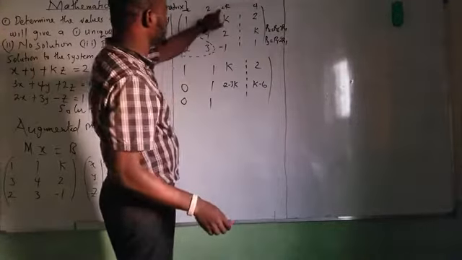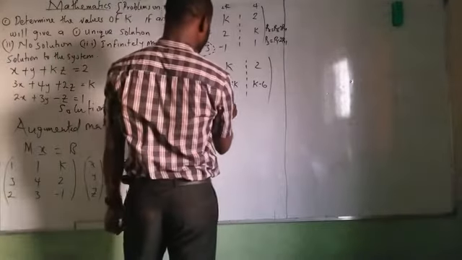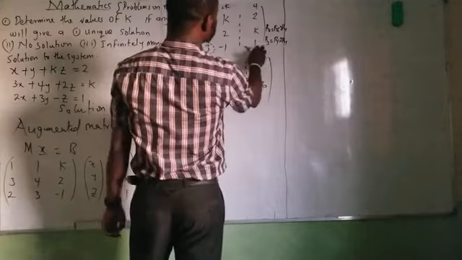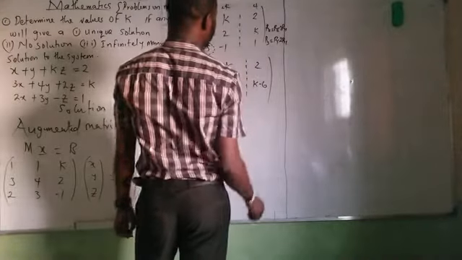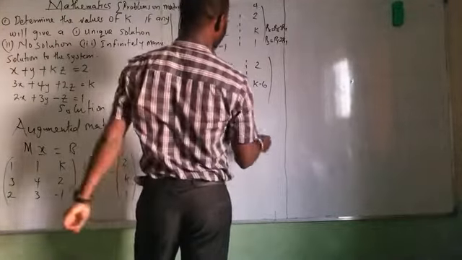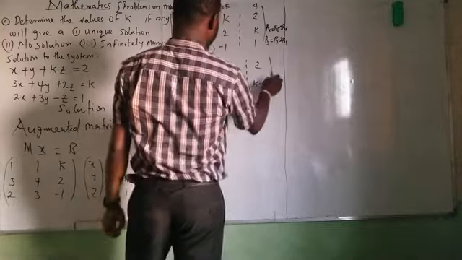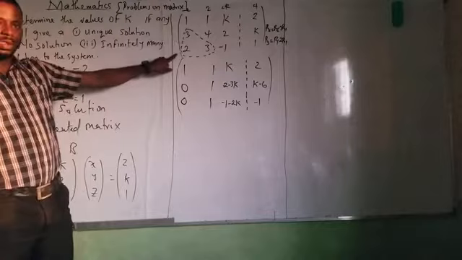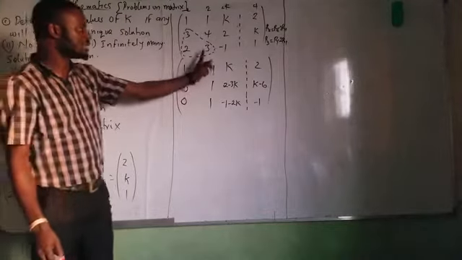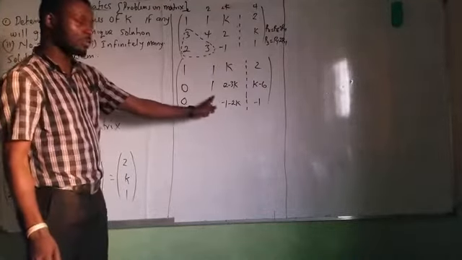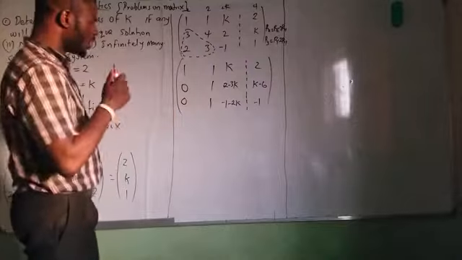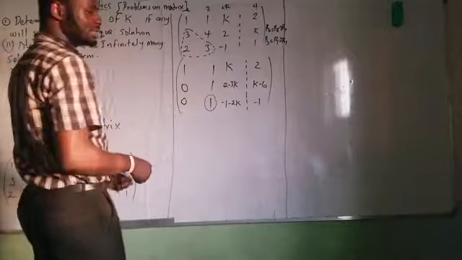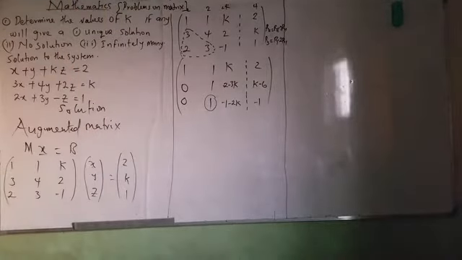This minus this will be minus 1 minus 2k, and this minus this will be minus 1 in my augment. Now, can you see the first column is 0? The next thing I need to get is that this number must be 0. Now, what should I do? I will now say that this particular matrix and that matrix will be equal to.